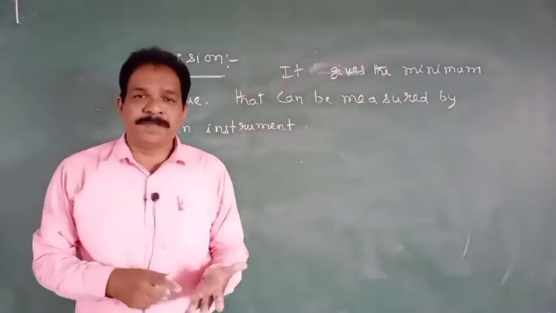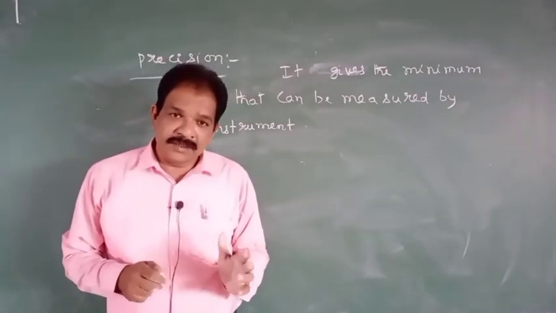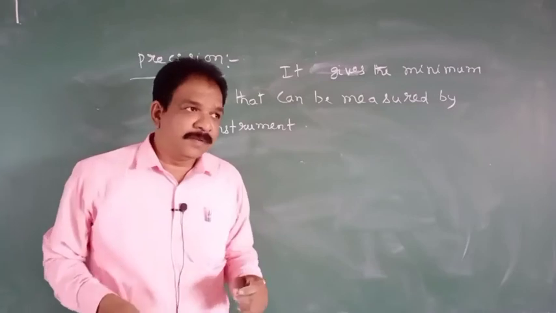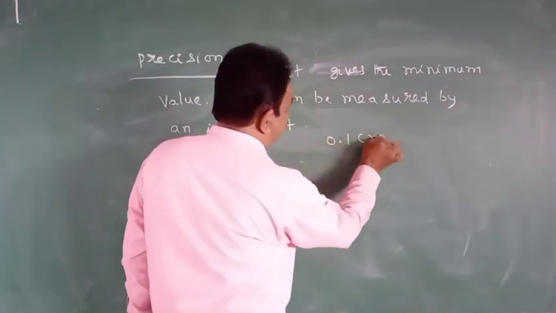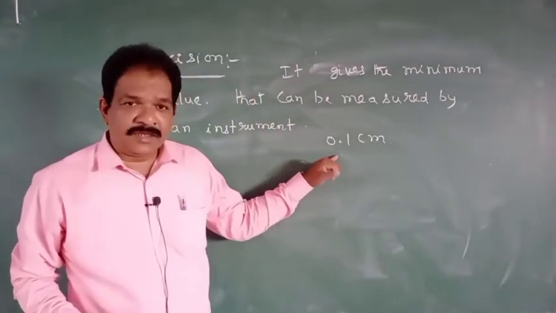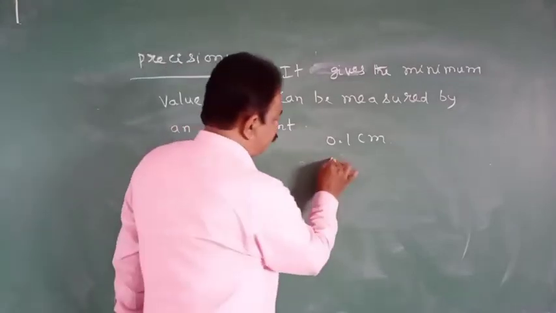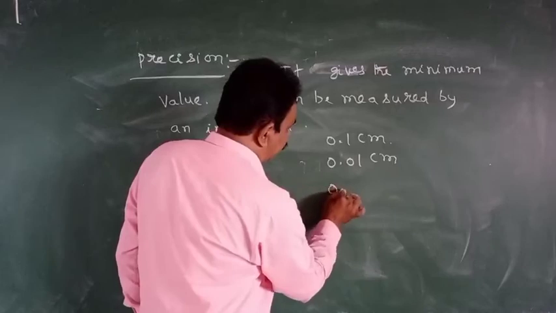That gives the precision. For example, take a meter scale. What is its least count? 0.1 centimeter. Next, if you take the vernier calipers, 0.01 centimeter.